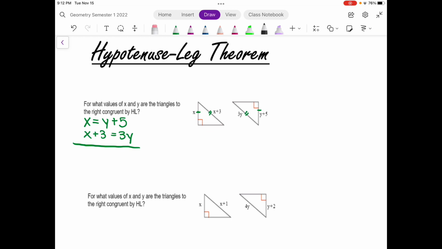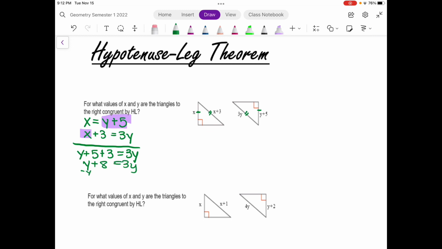Since x is by itself and it is equal to y plus 5, I can replace the second x with y plus 5, and then I have y plus 5 plus 3 equals 3y. Why would I ever want to do that? Because now I only have one variable, which means I can solve.